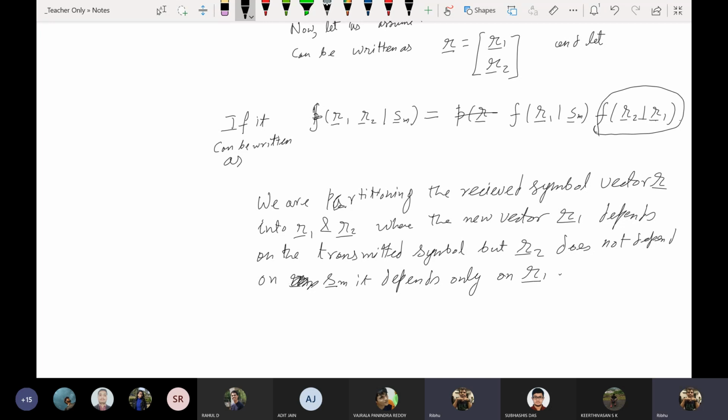So doesn't this mean that we are only using R1, reducing the number of possible symbols? Yes, precisely.